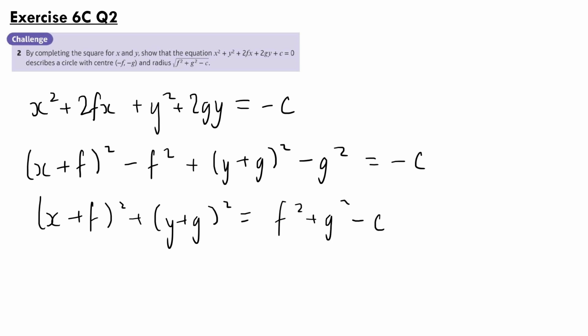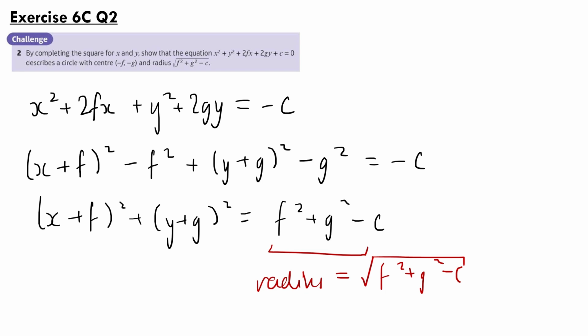And therefore we can see that the radius of the circle is the square root of f² + g² − c. And also the centre of the circle is (−f, −g), as required.